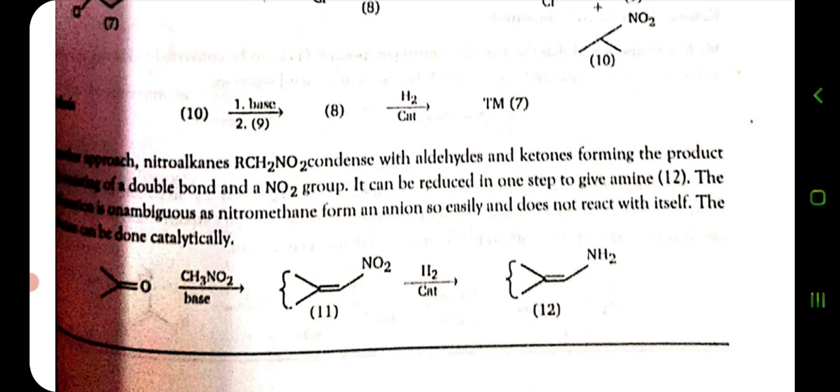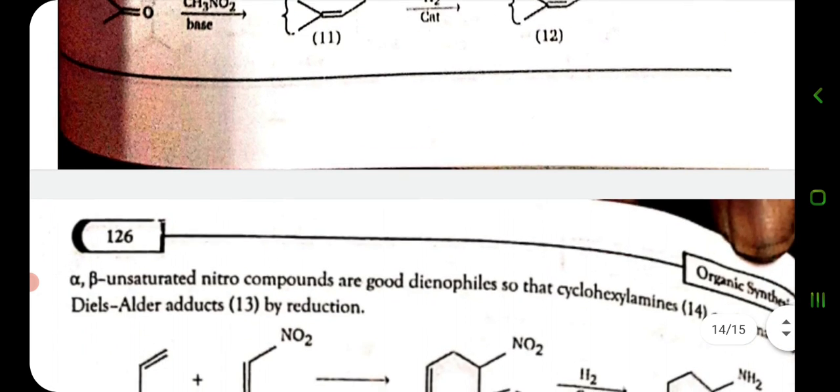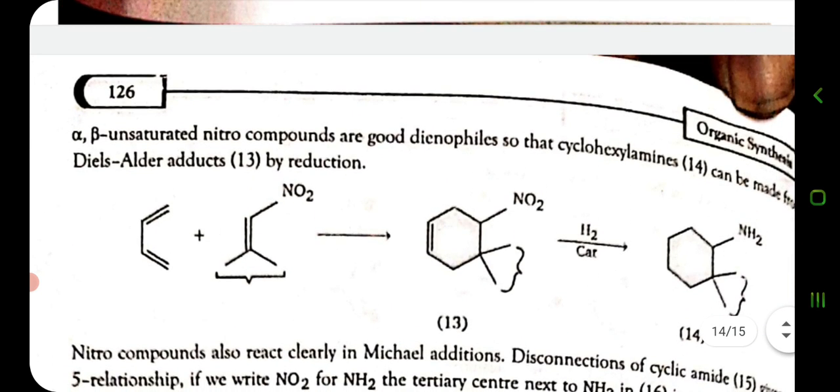Similarly, alpha beta unsaturated nitro compounds are good dienophiles, so cyclohexylamine in this reaction can be made from the Diels-Alder adduct by reduction of the alpha beta unsaturated nitro compound, and we will get the cyclohexylamine.